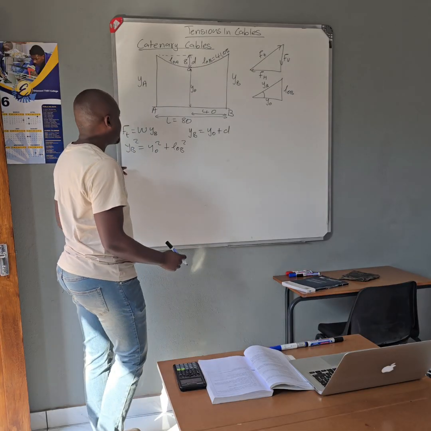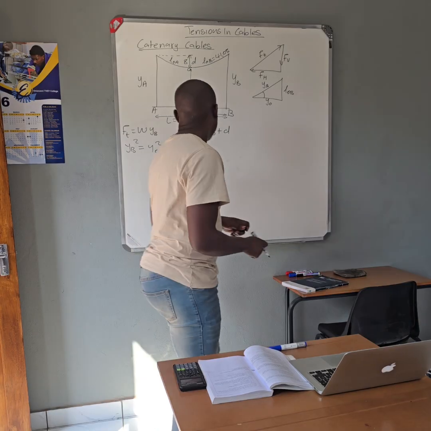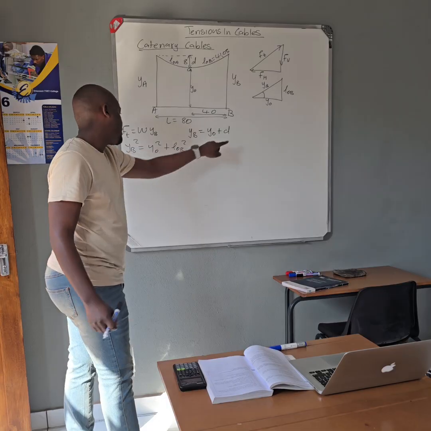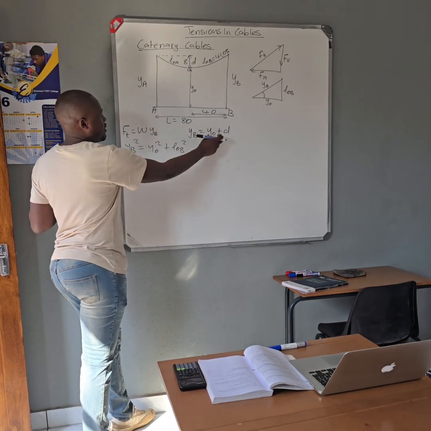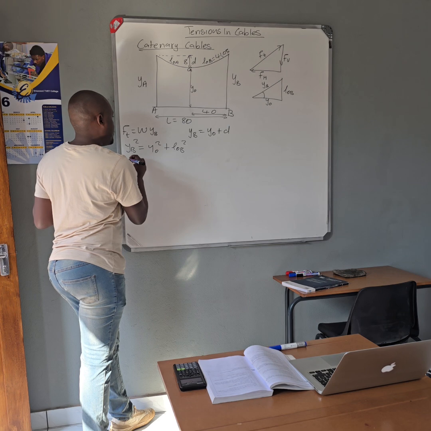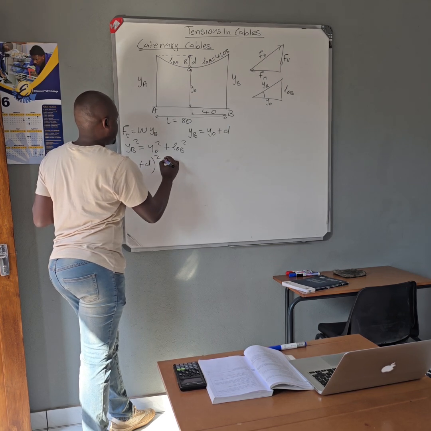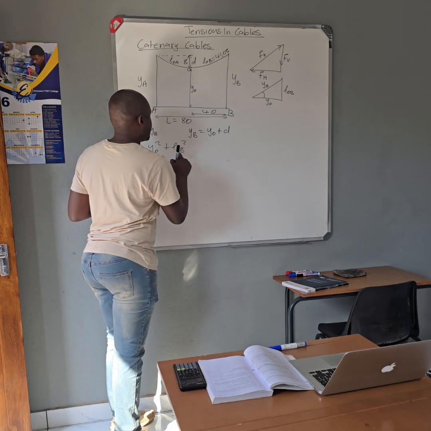So from this one, let's solve for yO. We have solved for yB there, right? So I can substitute with that. It's going to be (yO plus OD) squared, and this is going to be equal to yO squared plus LOB squared.